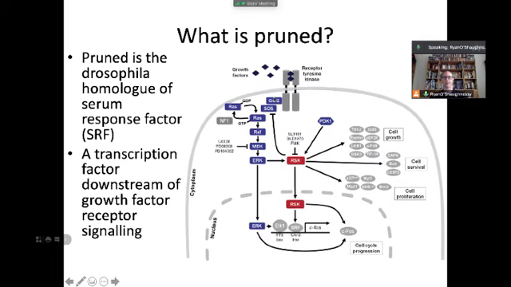We get activation of ERK, which is one of these protein kinases, and then this protein kinase enters the nucleus and activates SRF. And serum response factor then activates programs of motility and terminal gene expression in cells where it's activated.